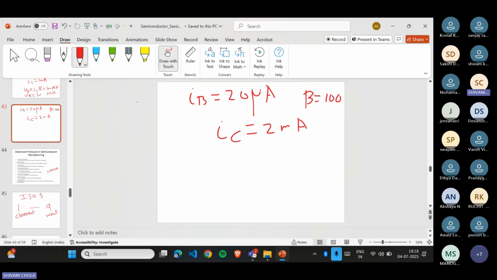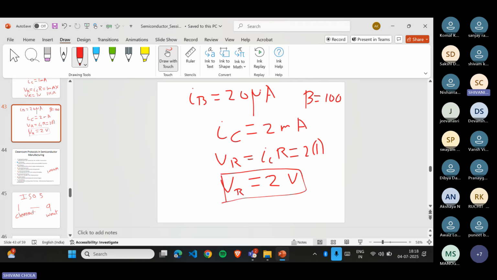So again, V across the resistor will be equal to IC into R, which will be equal to 2 milliampere multiplied by 1 kilo ohm. I'm not representing the units over here, but milli into kilo is one. So this will be 2 volt. So now in this case, your resistor is using 2 volt of energy.